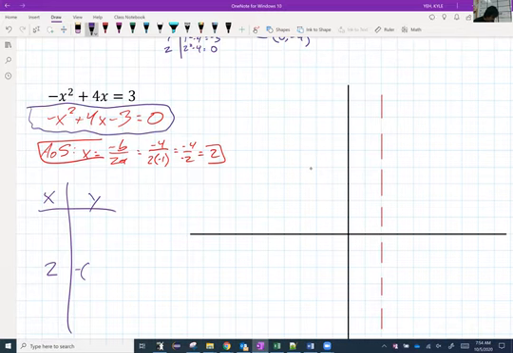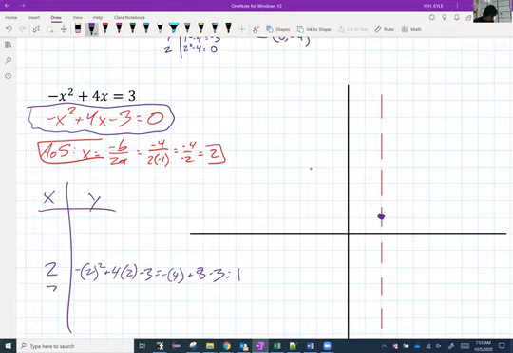So negative 2 squared plus 4 times 2 minus 3. So do the squared first. 2 squared is 4. So negative 4 plus 8 minus 3. Negative 4 plus 8 is positive 4 minus 3. It looks like 2 comma 1 is my vertex.